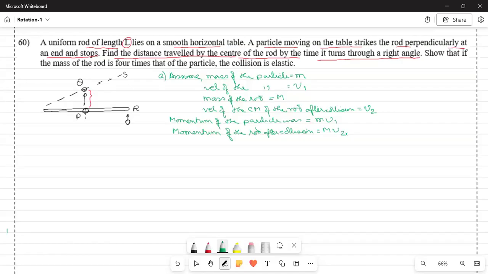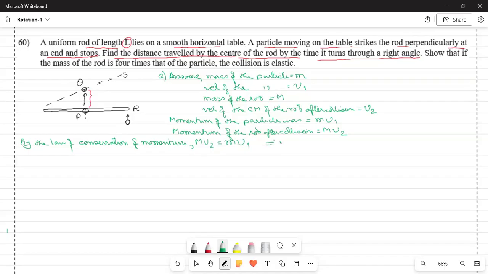Now you have already guessed where we are heading. So by the law of conservation of momentum, m v1 equals capital M v2, or capital M v2 equals small m v1.